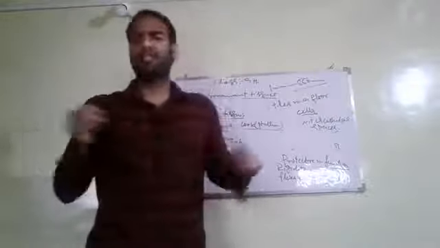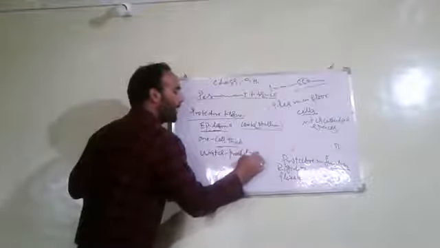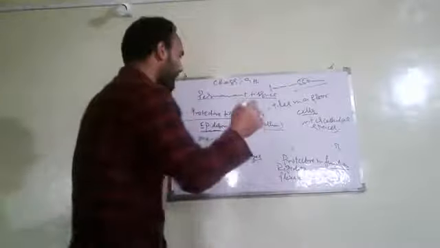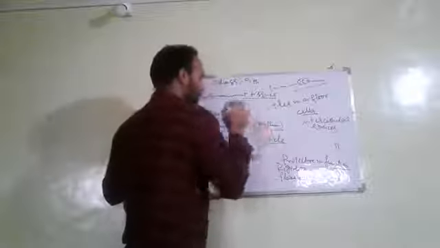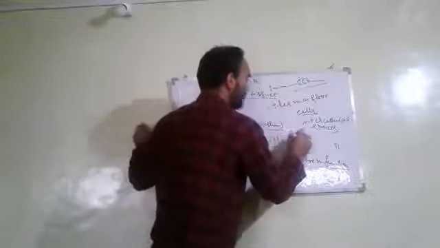In most plants, epidermis is covered by a waterproof layer which is known as cuticle. This cuticle is made of a substance known as cutin.